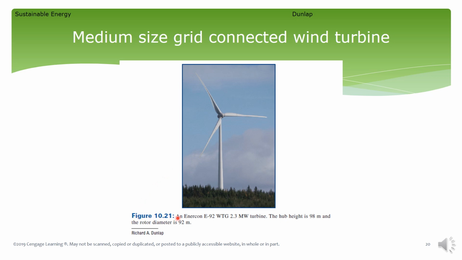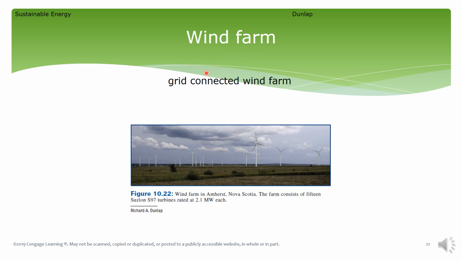This figure shows a 2.3 megawatt turbine. The hub height is 980 meters, pretty big, and the rotor diameter is 92 meters. Wind farm.